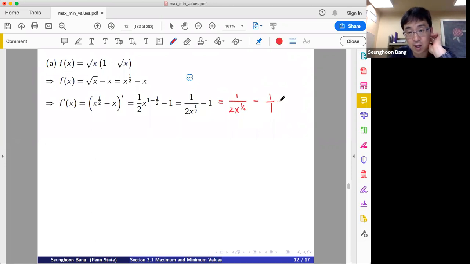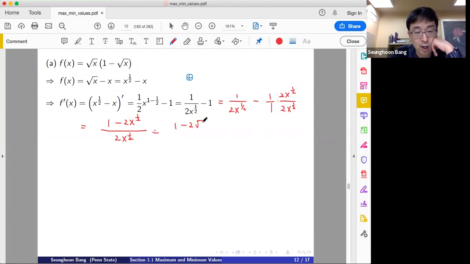You can multiply by 2 times x to the 1 half. So what's that? 1 minus 2 times x to the 1 half over 2 times x to the 1 half. So we have 1 minus 2 root x over 2 root x. This is f prime of x.